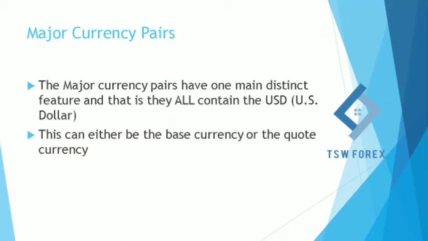Whether the US dollar is the first or the second currency you see in a pair, as it relates to the top 8 most traded currencies around the world, any of those currencies along with the USD is called a major currency pair, not just any other currency with the US dollar. The top 8 traded currencies, excluding the US dollar, make it the top 7. So the top 7 traded currencies paired with the US dollar are called major pairs.